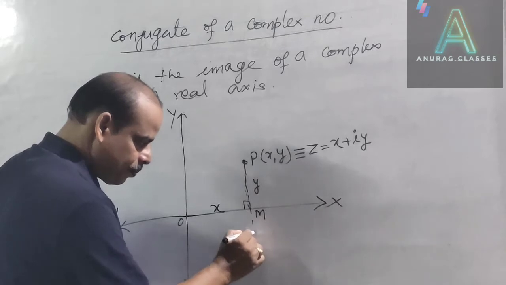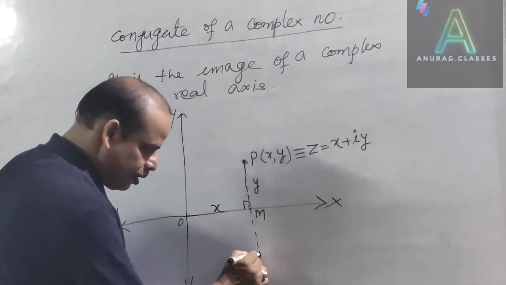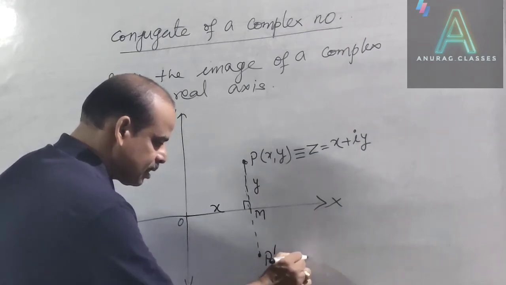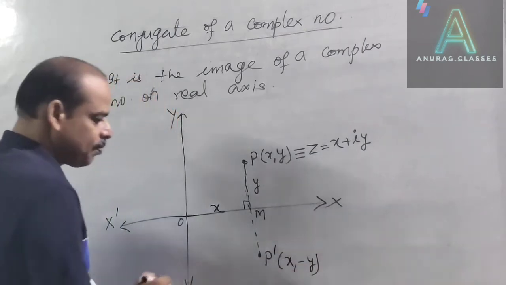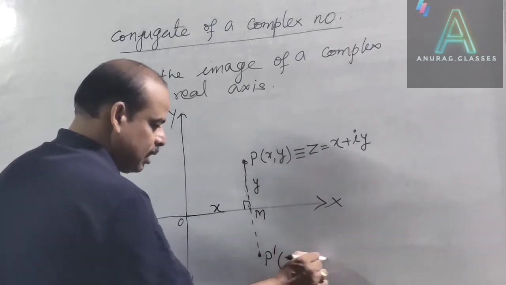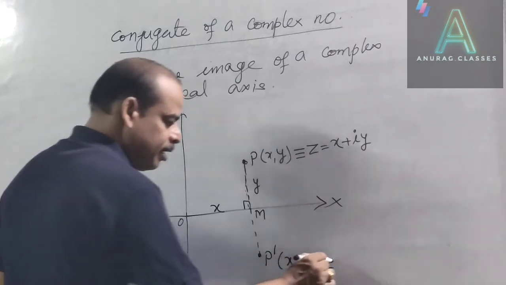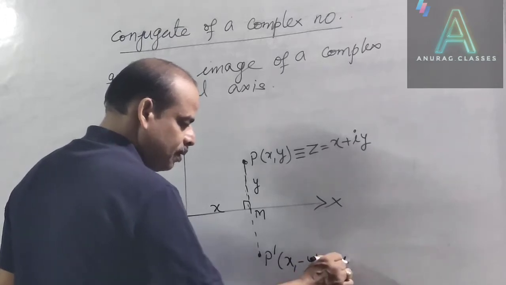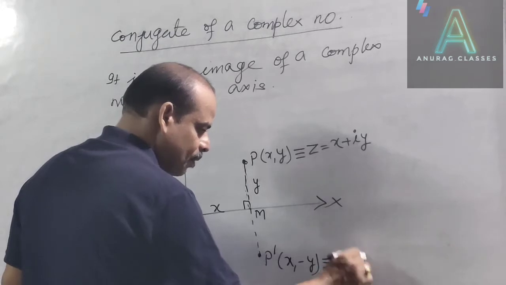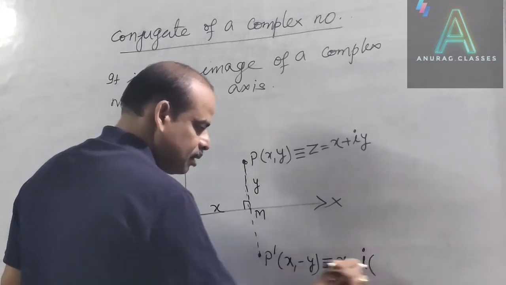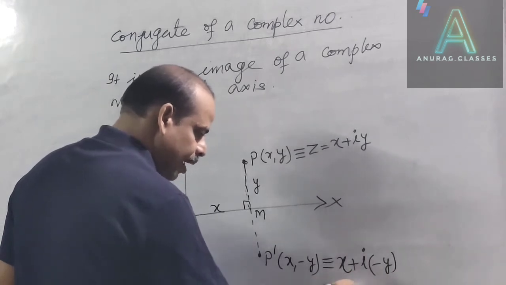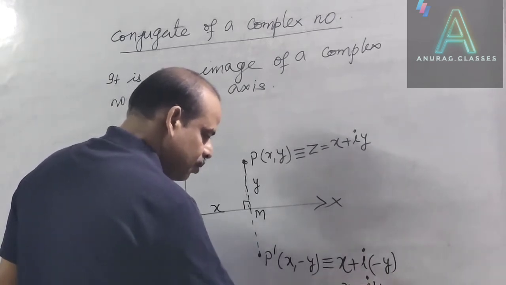Certainly it will be P dash with coordinates x and minus y. So if this point is P dash (x, minus y), then this will be equivalent to a complex number x plus iota into minus y, which is x minus iota y.